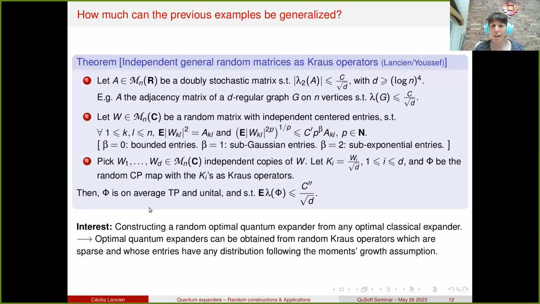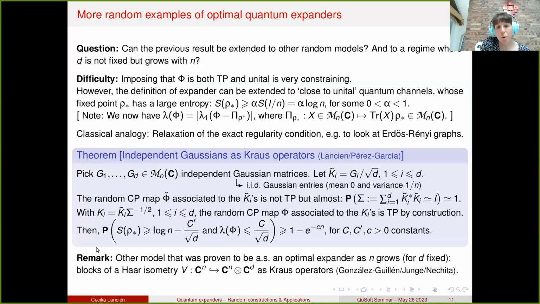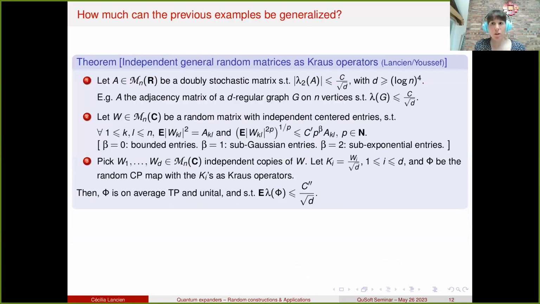We haven't done it in the paper. If you have much more specific distributions where you know much more, in particular in a sub-Gaussian case, you can probably prove much stronger concentration results, that things really hold with probability very close to 1. But we didn't really do this.